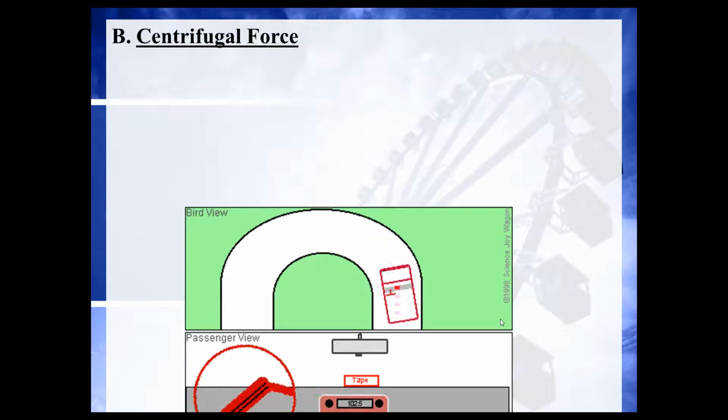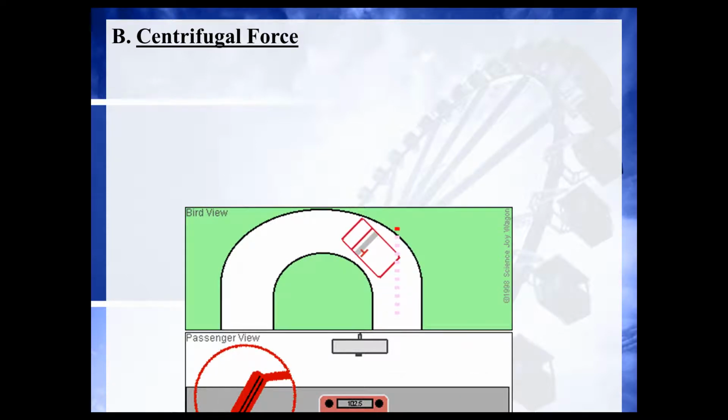All right, I want to get the animation going again. When you look at this vehicle that's going around in a circle, you might have noticed that if you have an object on the dashboard, it seems like there is a force pushing your object in a way that's almost like leaving the circle. So if I try to draw this, we have a tape on top of the dashboard.